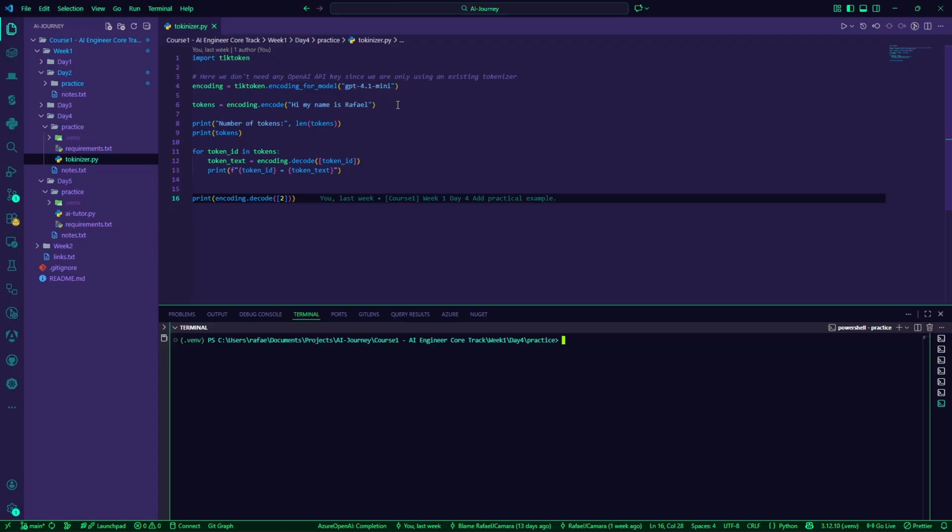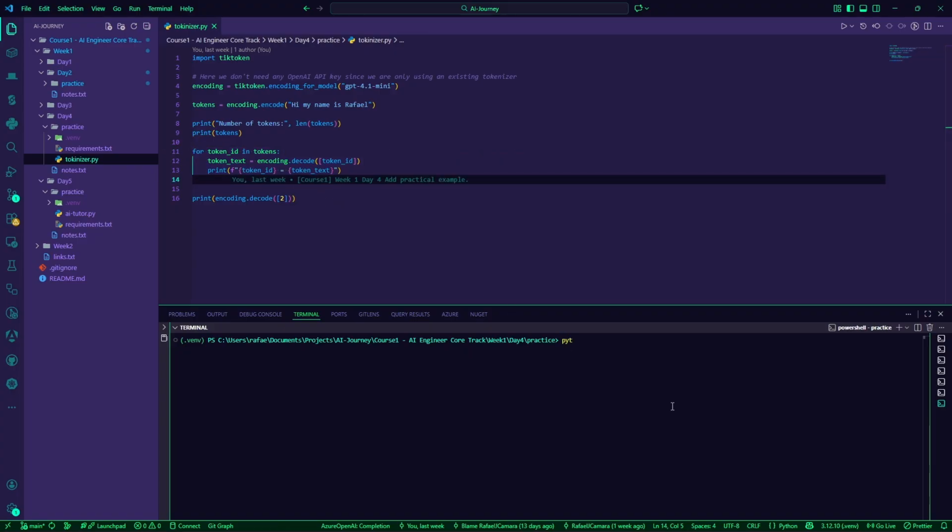So when you have an input, it converts this input to a set of tokens that it has locally. So it encodes it into tokens, and then when the LLM returns some response, we are not calling an LLM here, but when it does, it returns tokens, and then we have the decoding of those tokens into some word or token specifically, okay?